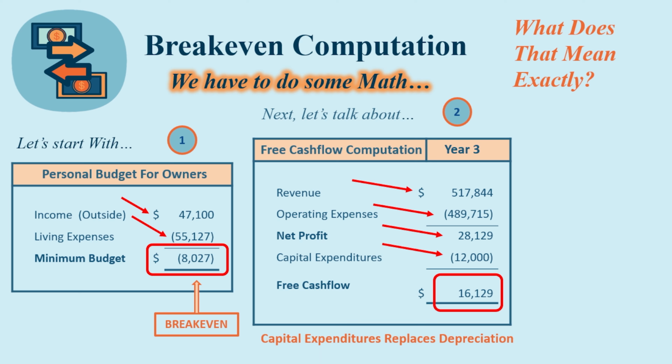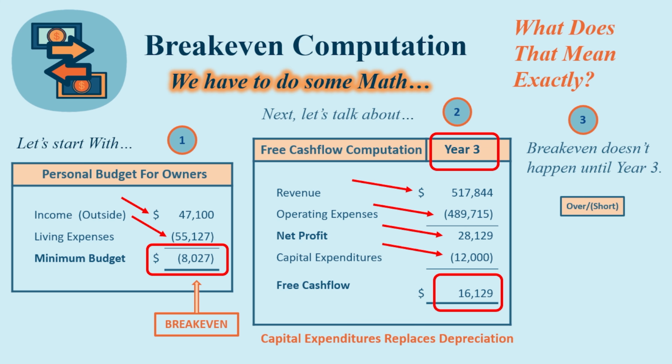At this point, you can already see that free cash flow exceeds the minimum budget, but it doesn't happen until year 3. Let's take a look at computation 3, cash over or short.